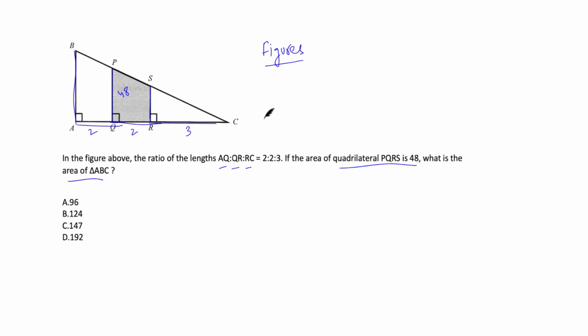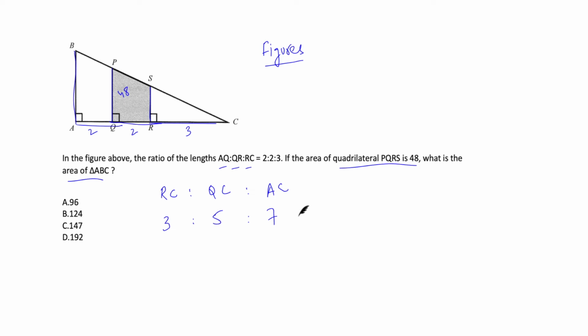And the best part is we have the ratio of their corresponding sides as well. RC ratio QC ratio AC. We have these sides. RC is 3, QC is 3 plus 2, 5. You need to add these up. And AC is 2 plus 2 plus 3, 7.